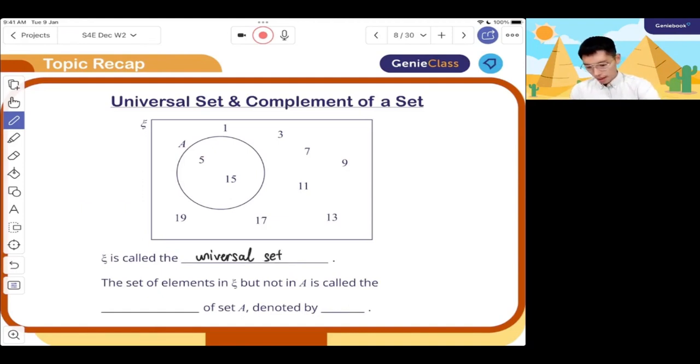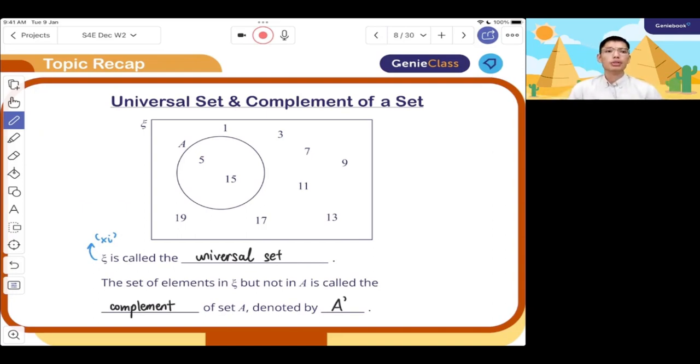So just a recap on how we actually write the alphabet. We call this alphabet here C. C is what we call the universal set. And in this case, the set of elements in C, but not in A, is what we call the complement. That means the outside of set A. Okay, what we denote by, in this case, A prime.